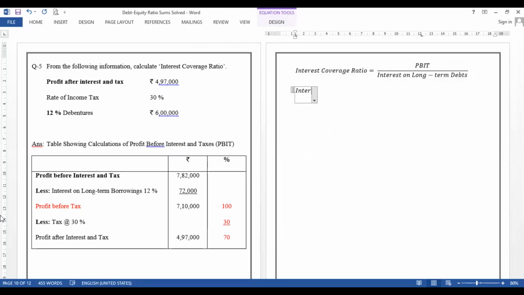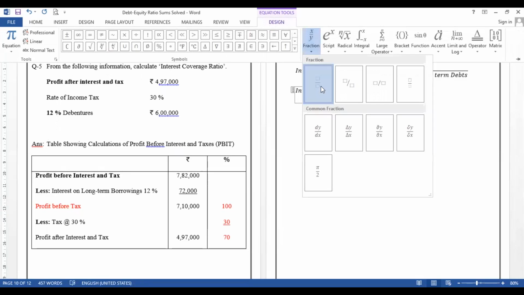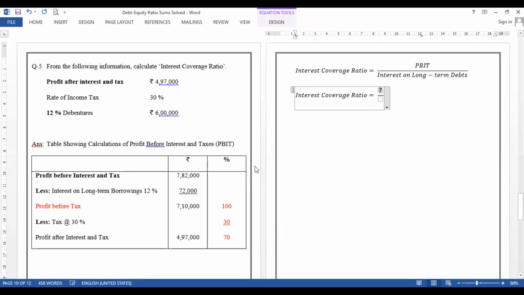Interest coverage ratio will be equal to profit before interest and taxes calculated by us, rupees 7,82,000, and interest on long-term debts, rupees 72,000, which gives 10.86 times. Because this is a type of turnover ratio, this tells us that our profit before interest and taxes is able to cover the interest on long-term debts 10.86 times.